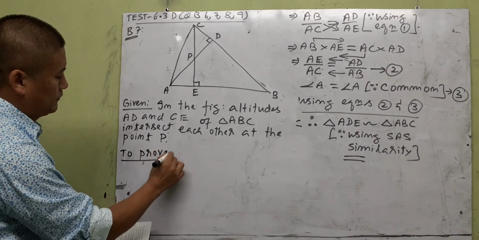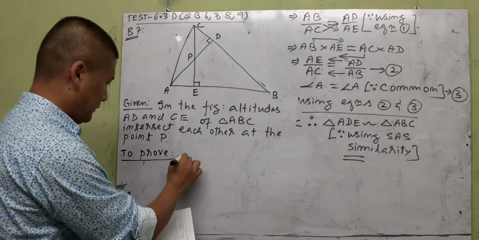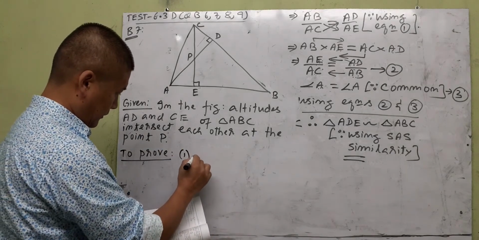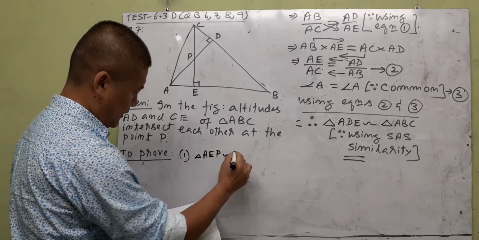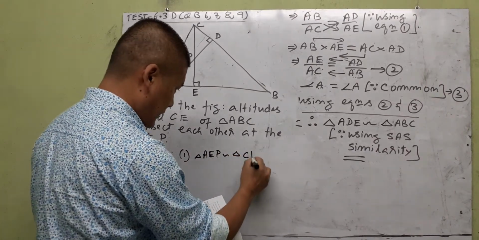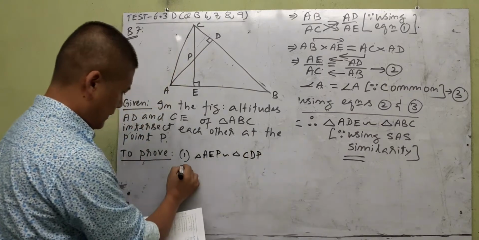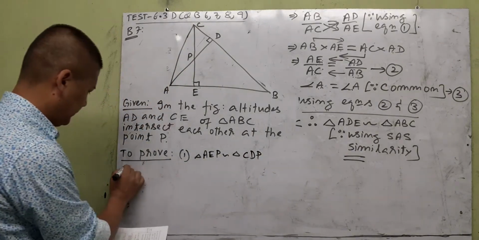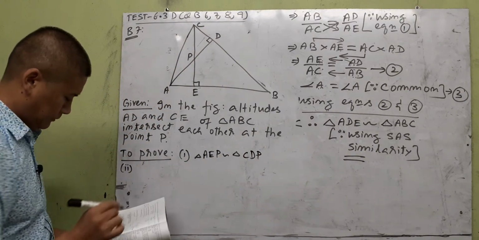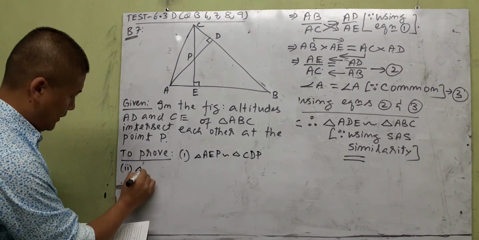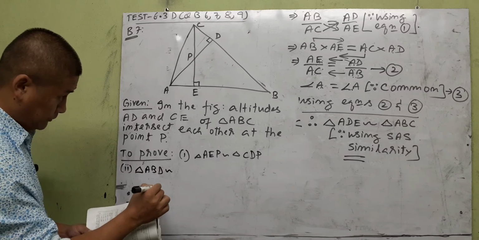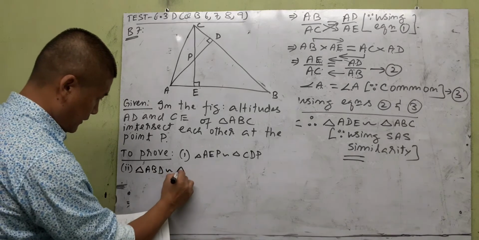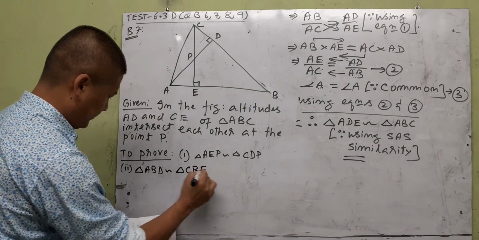To prove, number one, triangle AEP similar to triangle CDP. Second one, triangle ABD similar to triangle CBE.